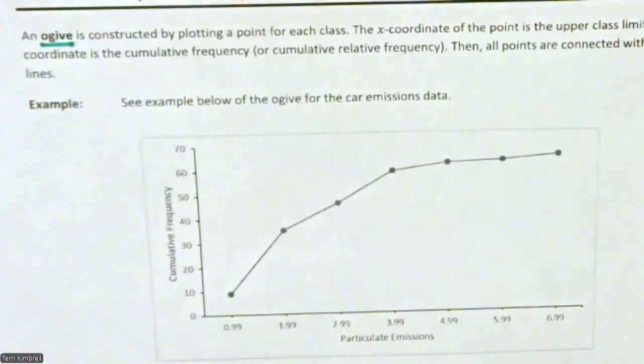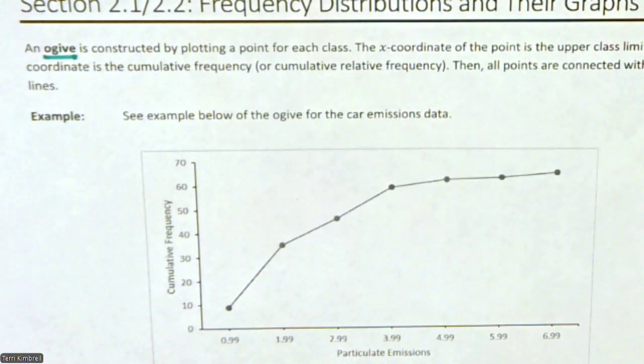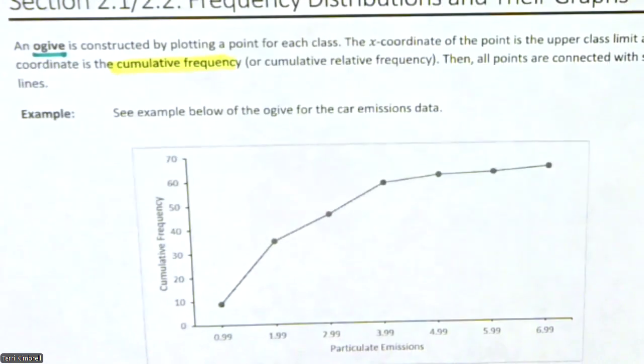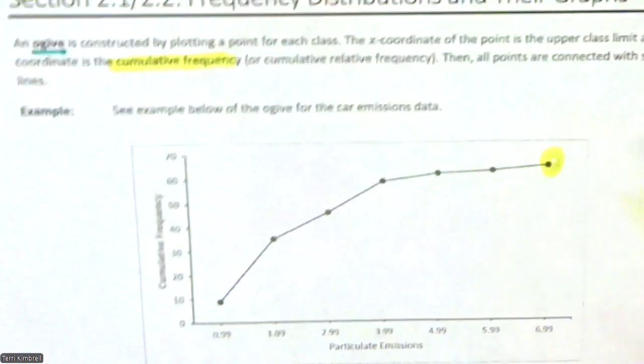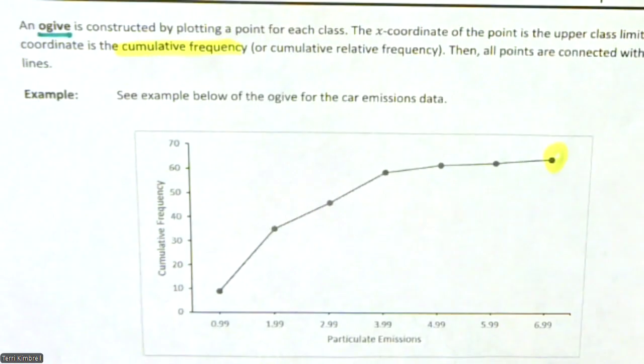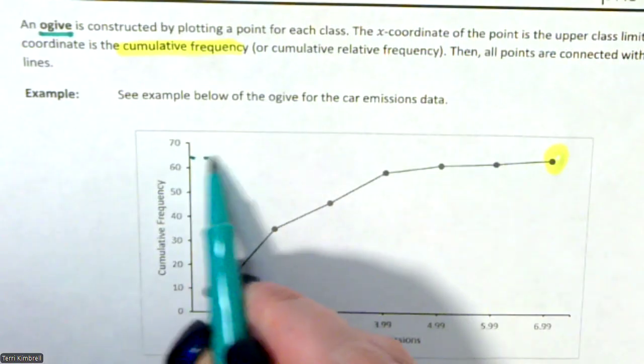Now, as we finish this word ogive, what's going to be important about that is it's used to represent a cumulative frequency. So the very tip top right there is going to tell how many people were surveyed. So if I look at that and I come across and I kind of line that up, you would be able to see. So I'm kind of go across.